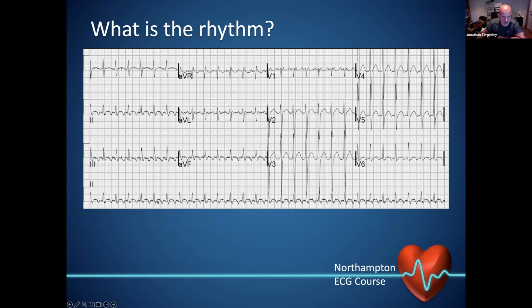That's the only period where you think there could be something isoelectric. There's nothing isoelectric. It is continuously moving with a slow downstroke and a slightly quicker upstroke of a typical counterclockwise atrial flutter, in this case at a rate of 150 beats per minute with a 2-to-1 block.